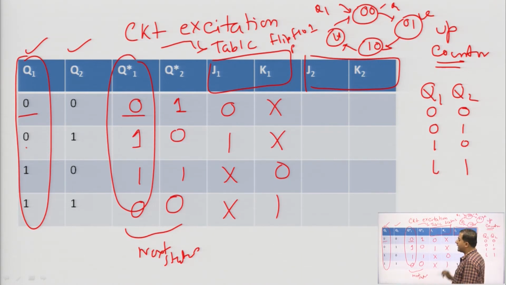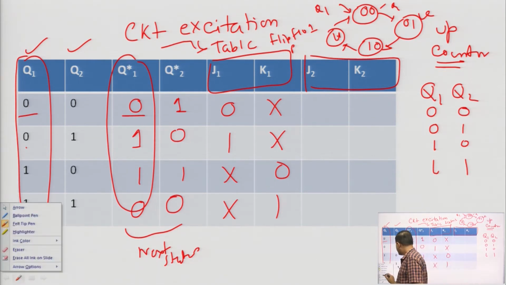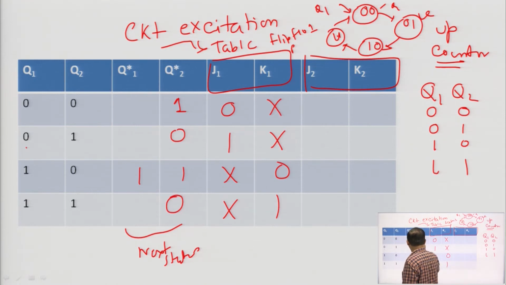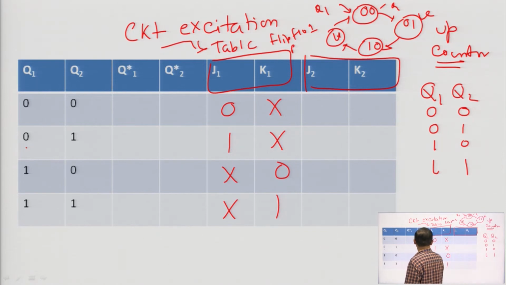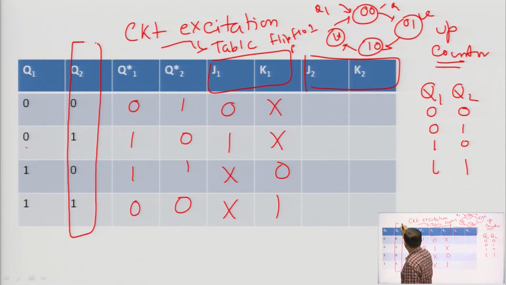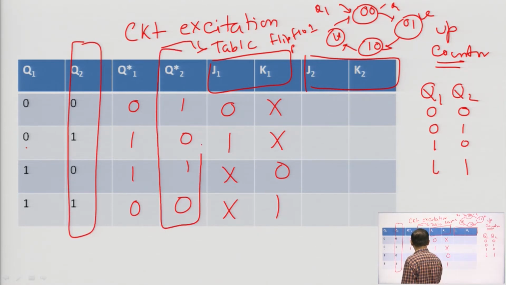Now, for the second flip flop, J2 K2, what will we do? Just check one thing, we will erase these things, it will be easier for you to understand. So, it will be 0 1, 1 0, 1 1 and 0 0. Okay. Now, for J2 K2 we will pay attention to Q2 and Q2 star.